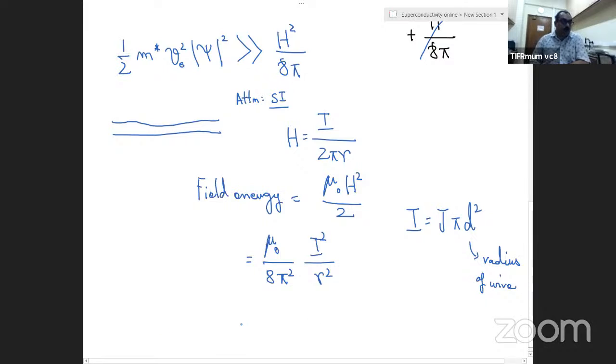So then this quantity will become mu0 by 8 pi square r square into J square pi square into d to the power 4.